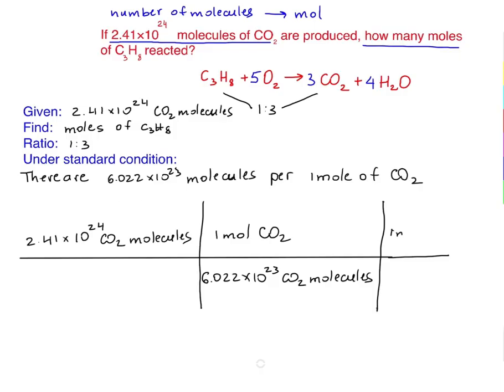Next you write, of course, your ratio. That's the only thing left. It's 1 mole of propane per 3 moles of carbon dioxide that is generated. So you go ahead and cancel out all the units that need to be canceled, the CO2 molecules and then the moles.